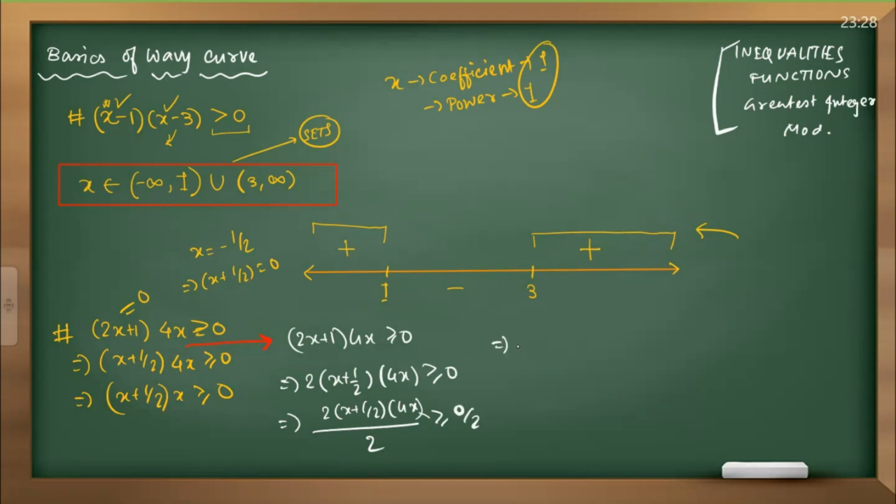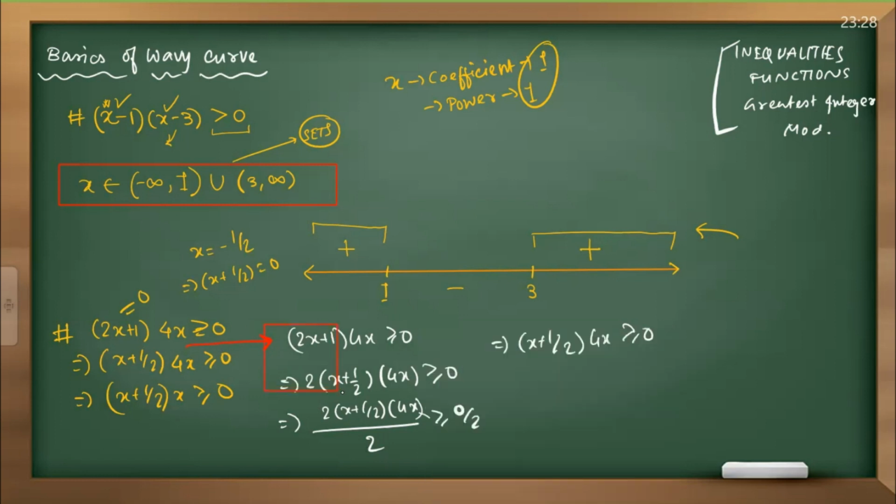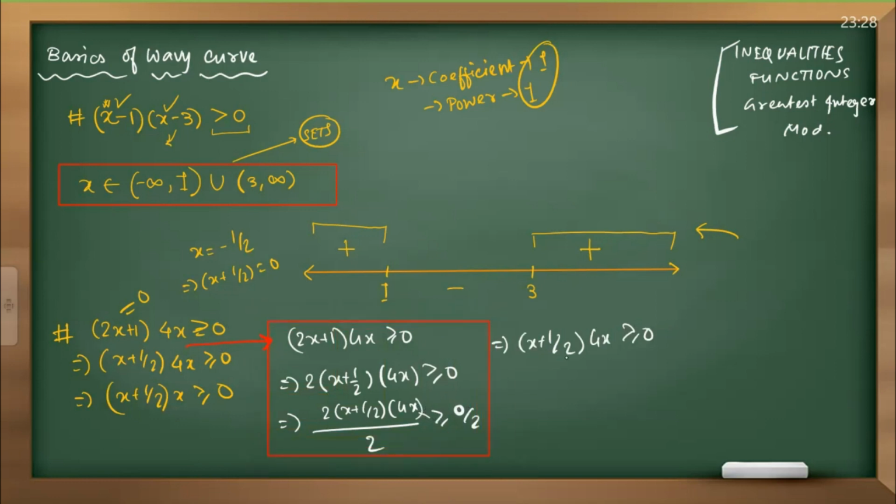What does it imply? (x + 1/2)(4x) is greater than or equal to 0. Only and only this part is what we missed here.